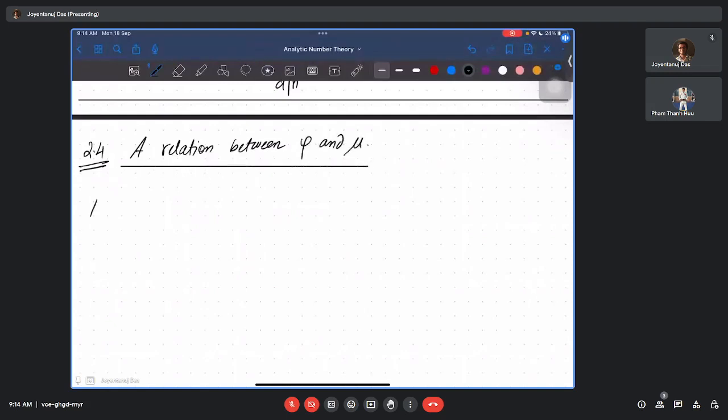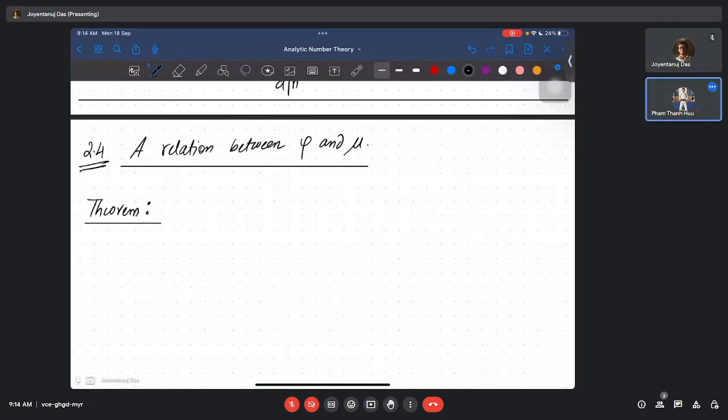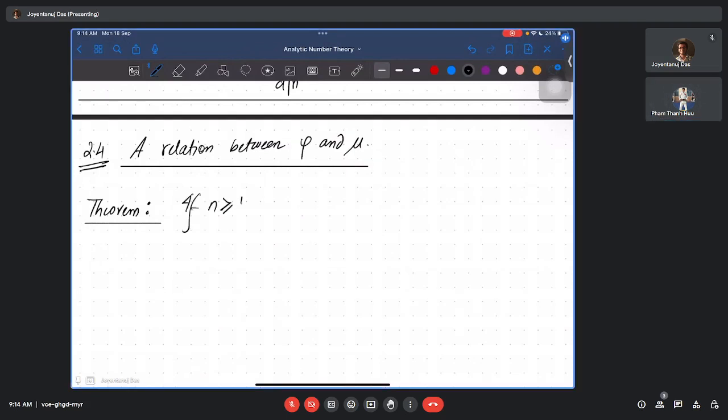So here is the theorem. If n is greater than or equal to 1, then phi of n is nothing but the summation over d dividing n of mu of d times n by d.